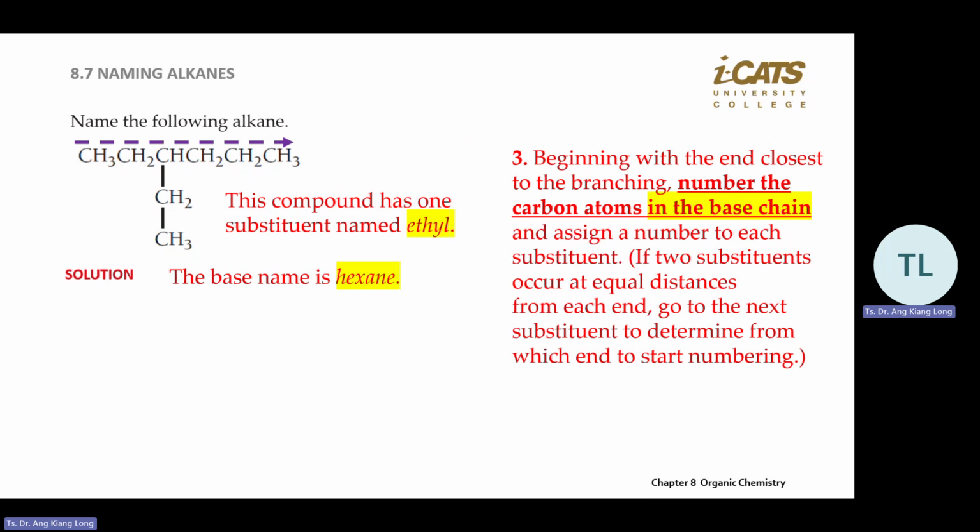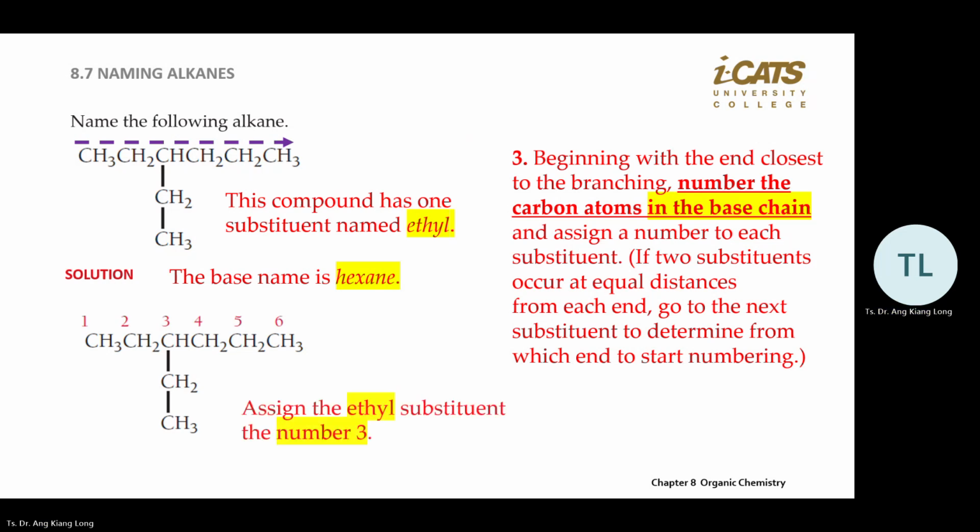If you count from the right end, 1, 2, 3, 4. You use 3 first. It's always count from the end. So here you count 1, 2, 3, 4, 5, 6. Branch out in number 3 carbon. Okay, so this branch out, CH2, CH3, is branch out in carbon number 3. Right?